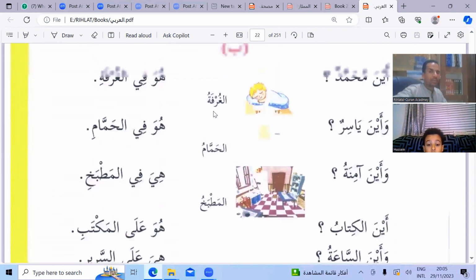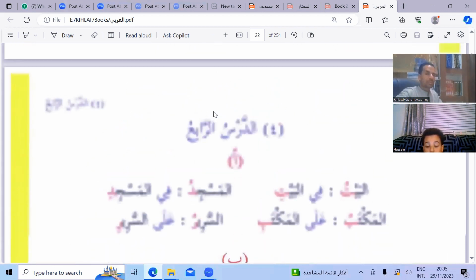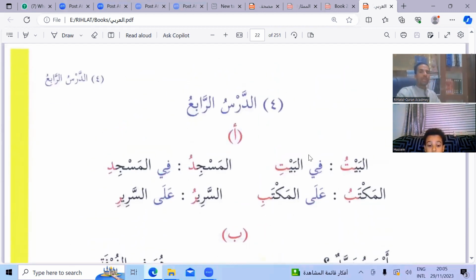Excellent. And al-masjidu is the mosque. Can I say here fil bayta or fil baytu? No, you can't say it because when I have the preposition, the last letter has a kasra.